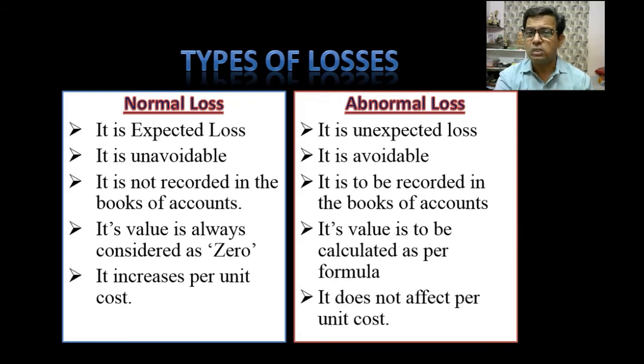If a normal loss is not recorded, abnormal loss is recorded in the books of accounts. If I say that the value of normal loss is always zero, abnormal loss will have a value. We will have to calculate that. In fact, that's the last thing that we are going to do in today's class. And yes, normal loss will increase the per unit cost. As far as abnormal loss is concerned, it does not affect our per unit cost.